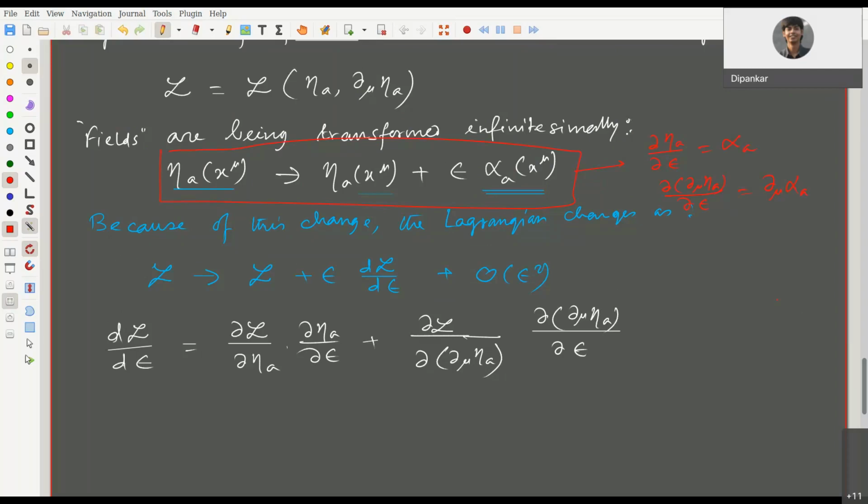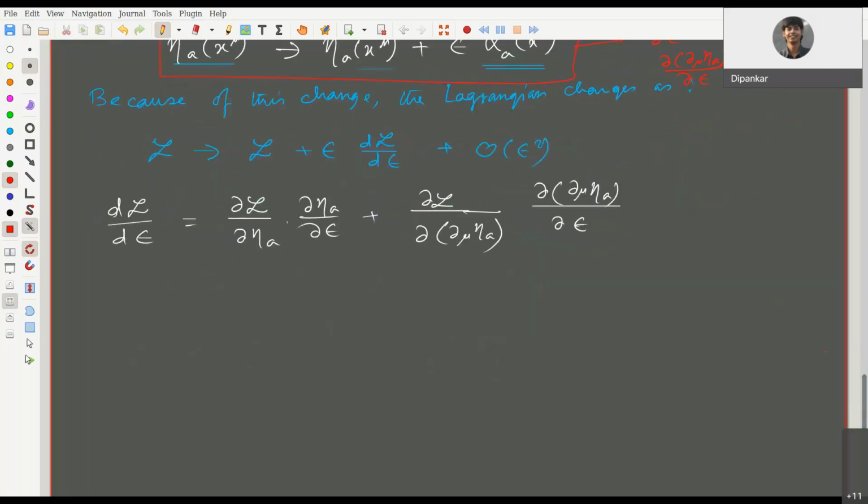So if we write down the next line, this piece is just alpha_A, and this piece is just del_mu alpha_A.